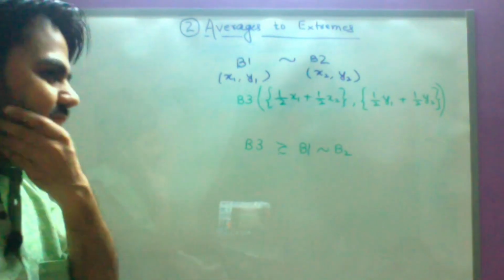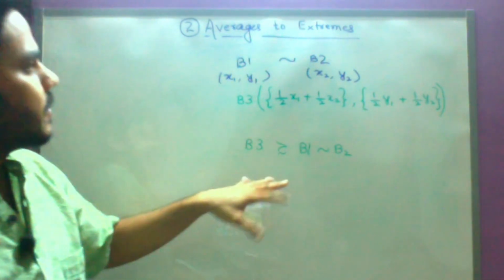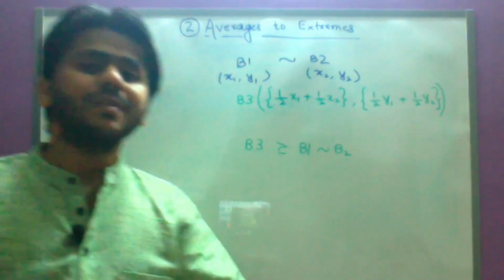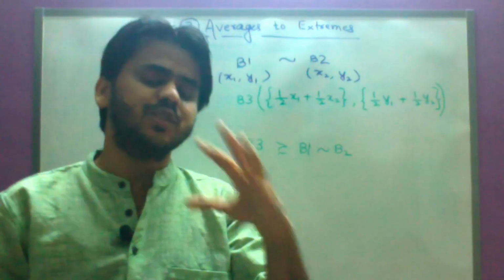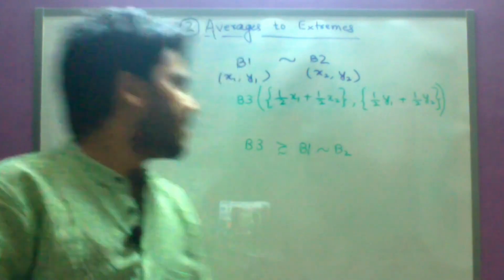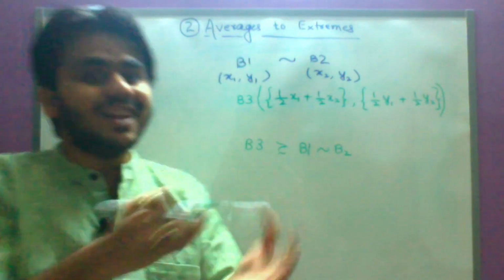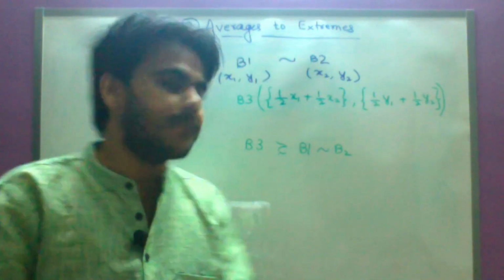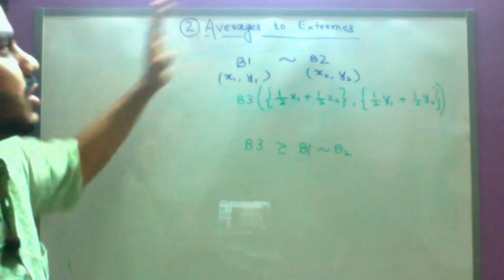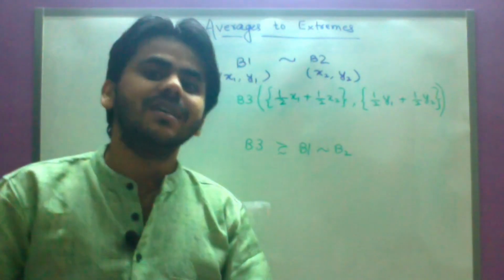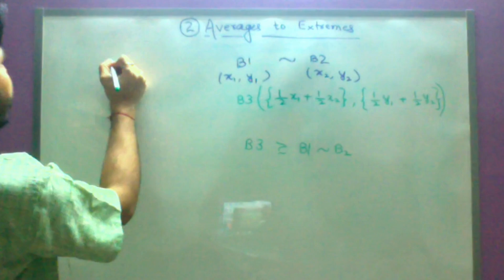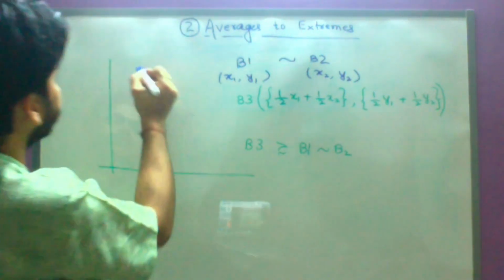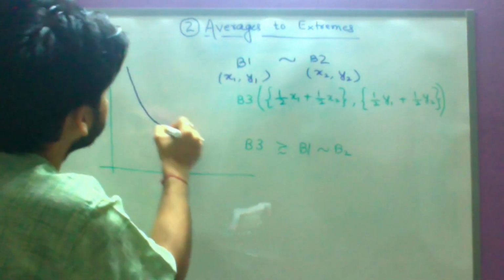Now what does this tell you about the shape of the indifference curve? The first assumption which we built, more is better, has some kind of relationship with the averages-to-extremes assumption as well, because if we combine the first two, we will understand that we will have a convex kind of preference structure, which means this kind of structure.